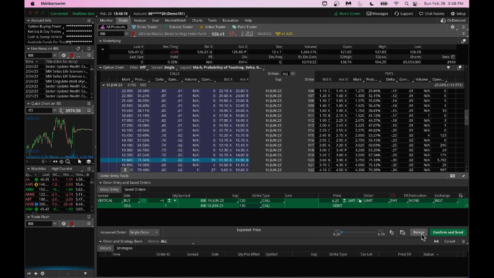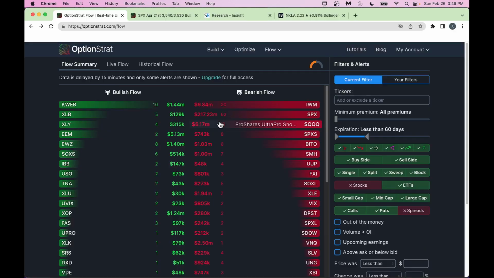You don't want to catch a falling knife here, so you sell a put spread way underneath when there is a bearish market, and when the stock or ETF is going higher, you buy a call spread, and you can take a $10 wide call spread and make some money. But if your account is bigger, you could sell a put option way below and buy a delta 70 call option.